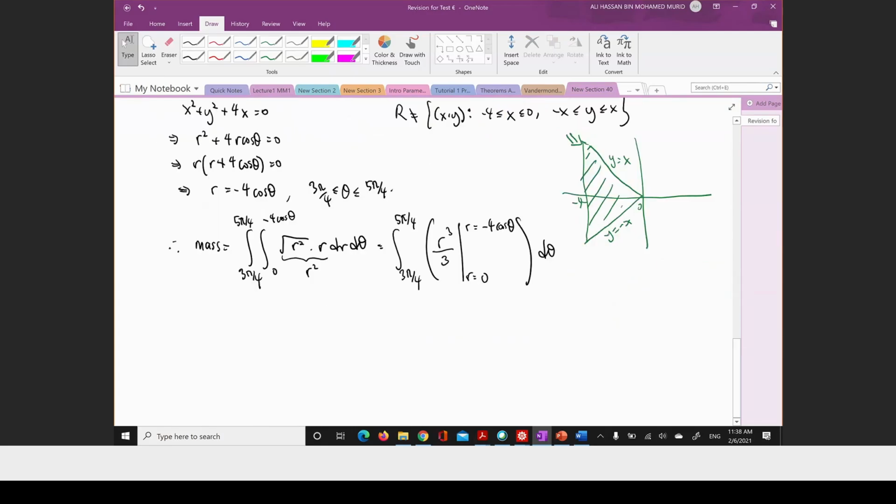We can pull out 1/3 there. We have 3 pi over 4 to 5 pi over 4. So when we substitute r equal to minus 4 cos theta, we get minus 64 cosine cubed theta d theta. Alright? We can pull out minus 64.